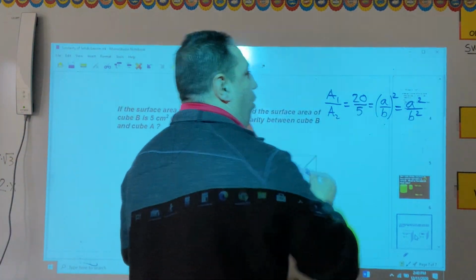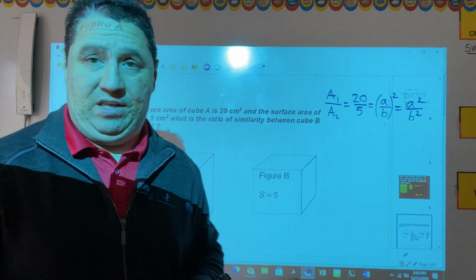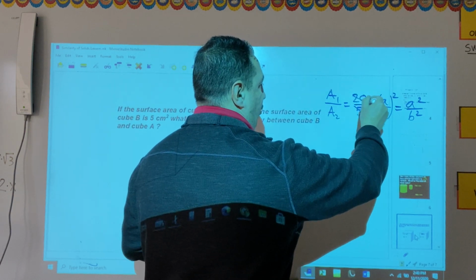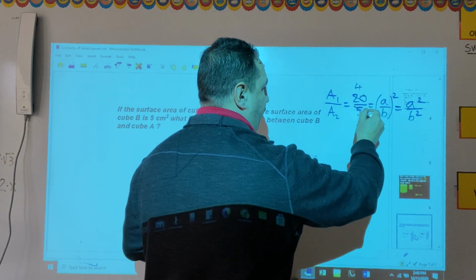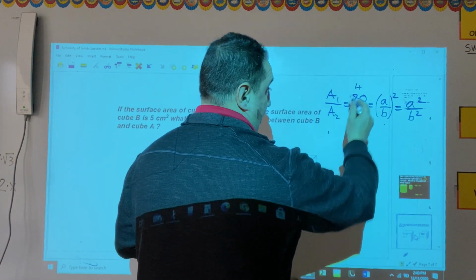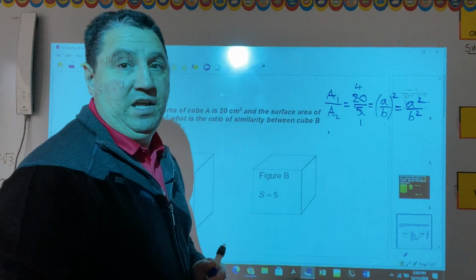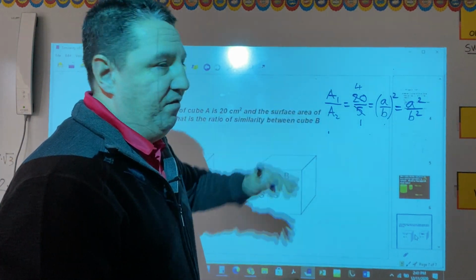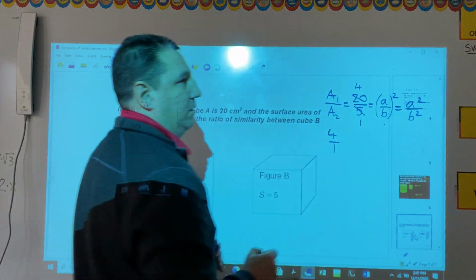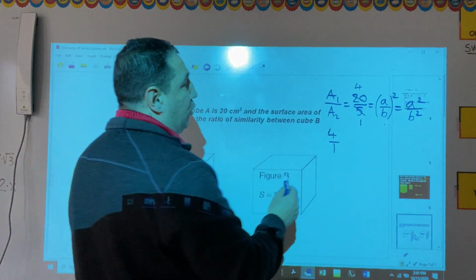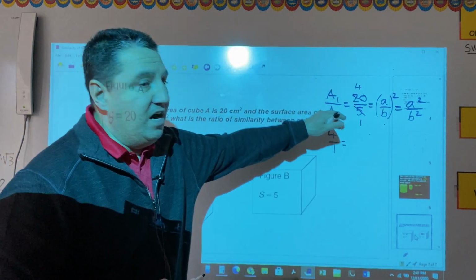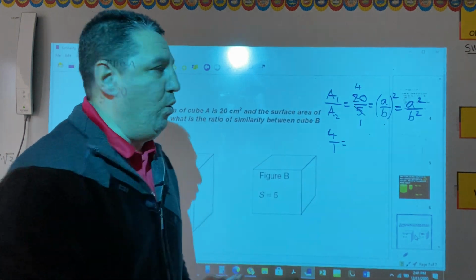Now, 20 over 5 can be simplified, yes? The common factor would be 5, yes? So, if you divide 20 by 5, you get 4. If you divide 5 by 5, you get 1. So the ratio of the surface area would be 4 to 1, right? But 4 to 1 we can at the same time express as a ratio of perfect squares.